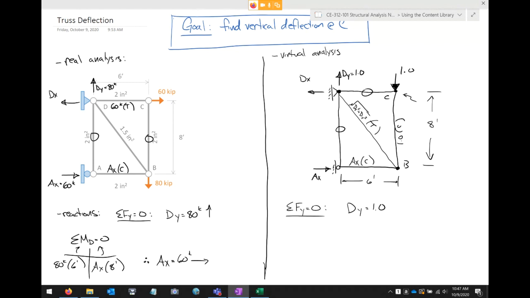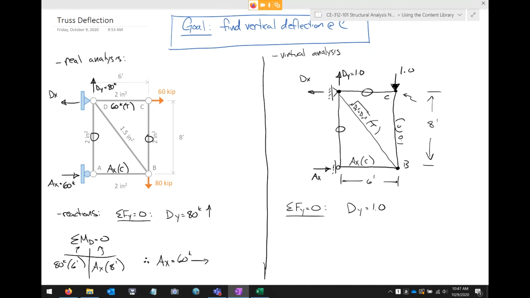As for, do we always consider compression to be negative? I would say that in this class we are. For you as an engineer, you can treat compression as positive if you would like in a virtual work analysis. You just need to be consistent. It either always needs to be positive or it always needs to be negative. I've always found it's easier just to treat tension as positive. And as long as you're consistent.